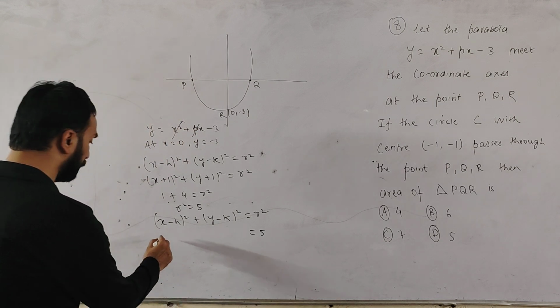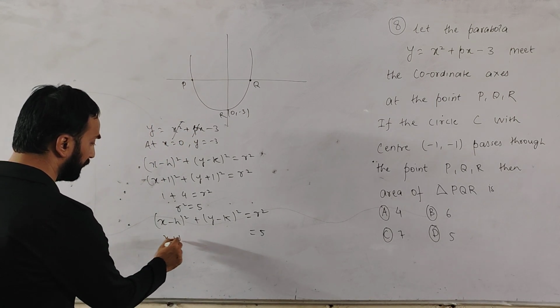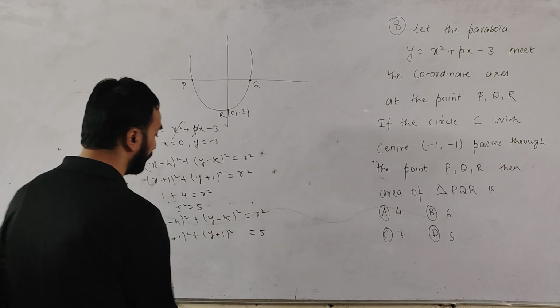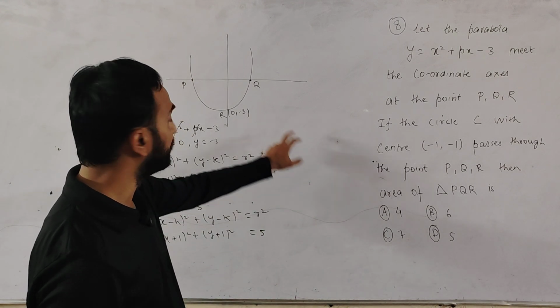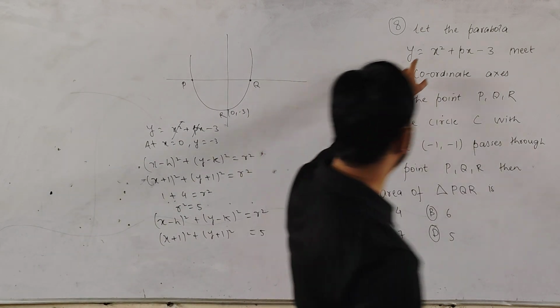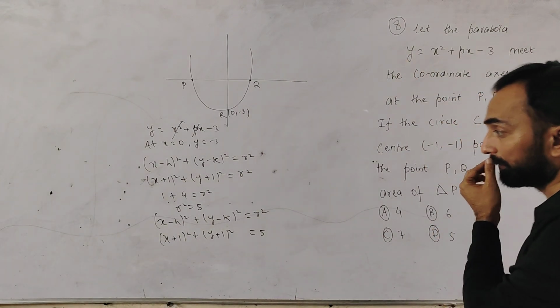So the equation is x plus 1 whole square plus y plus 1 whole square is equal to 5. Now if I put y is equal to 0, what will happen?